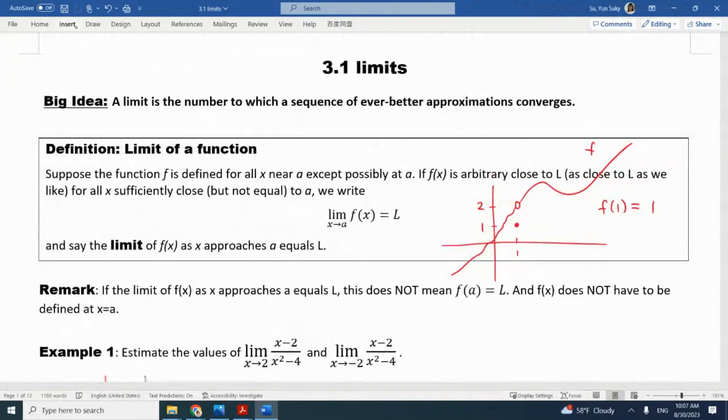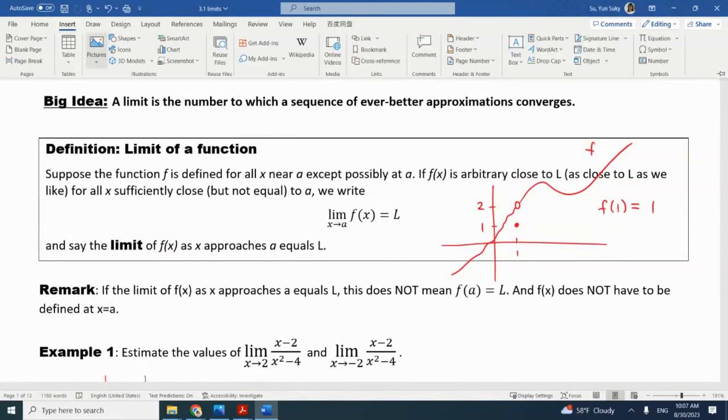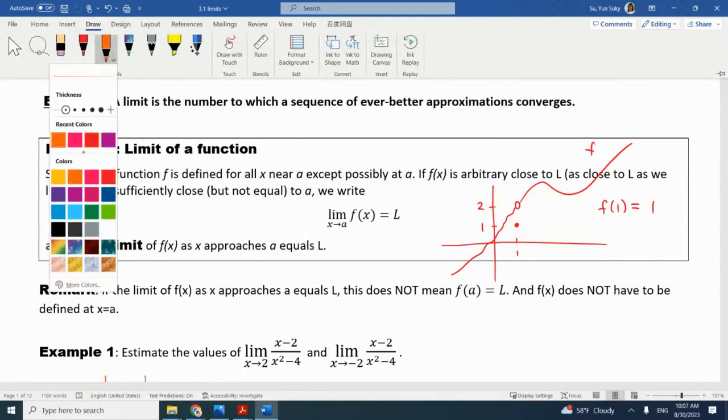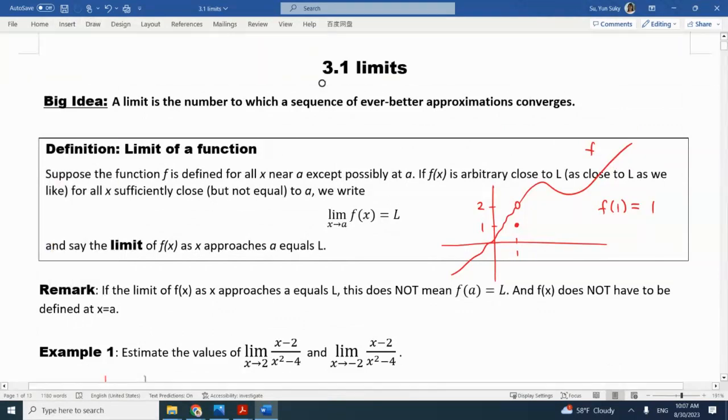And what is the limit? Let me use green color. You let x get close to 1. So x is not exactly 1, x is getting close to 1. Then you are on this piece. Do you see your function, the y value, is getting close to 2?